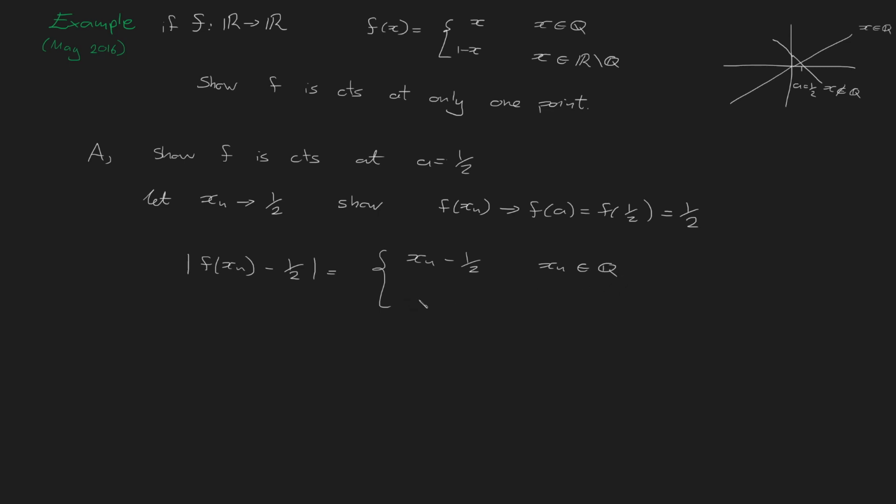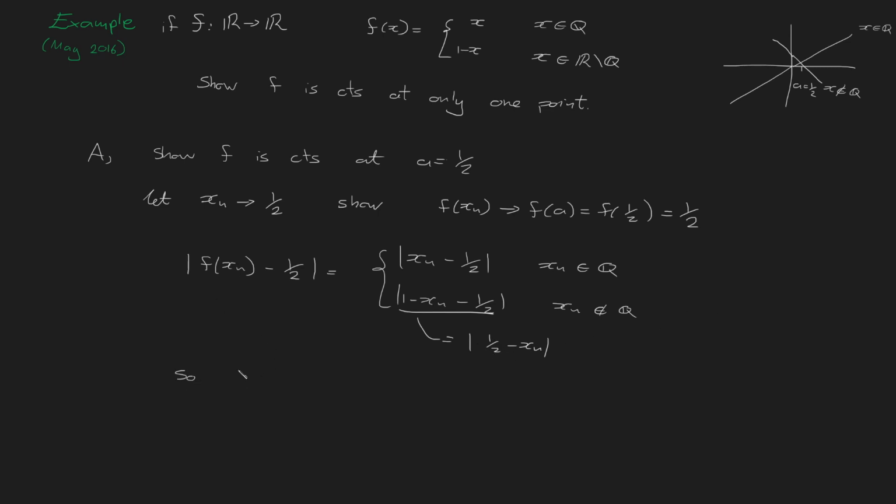And if xn is irrational, then instead of xn, we'll see 1 minus xn minus 1/2. Of course, with absolute values, this 1 minus xn minus 1/2 is just going to be 1/2 minus xn. And this is the very same, because I'm taking absolute values, xn minus 1/2 is identically 1/2 minus xn.